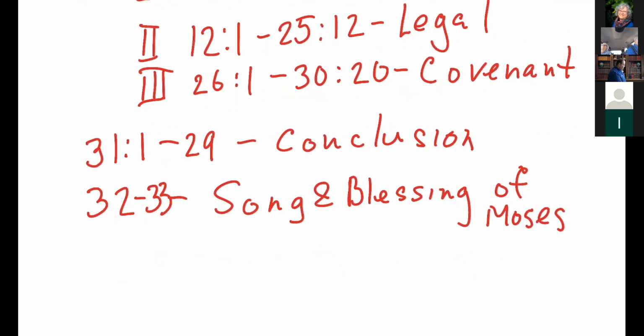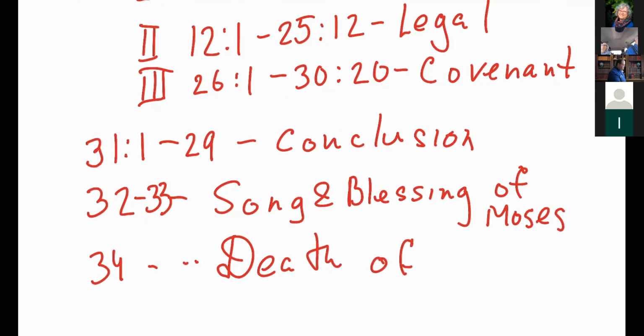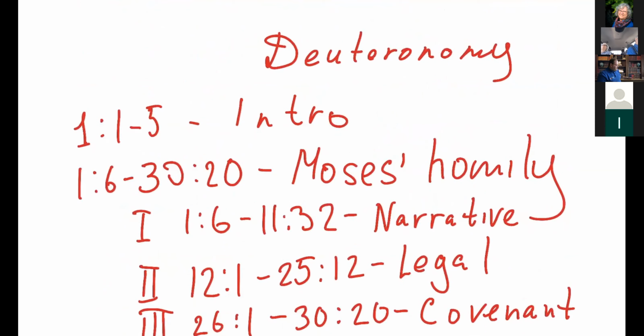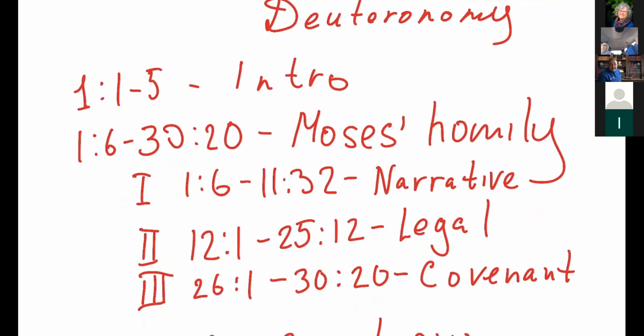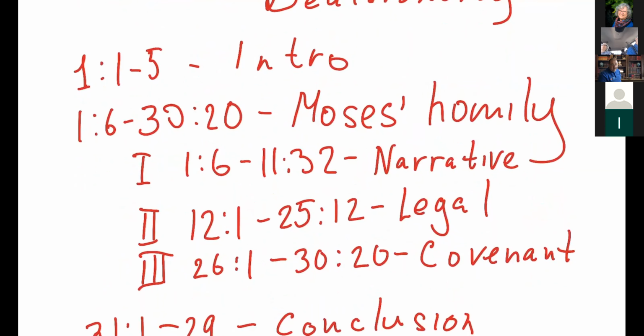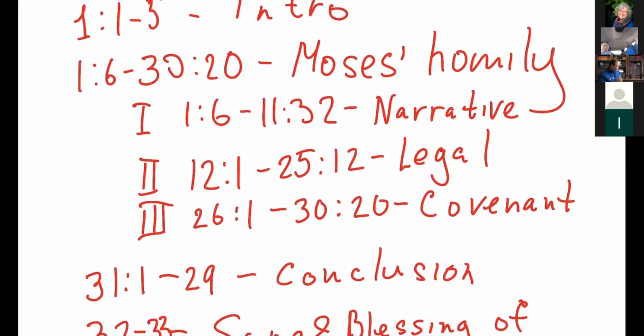And then you have 34, death of Moses. So that is basically the whole structure of the book of Deuteronomy.